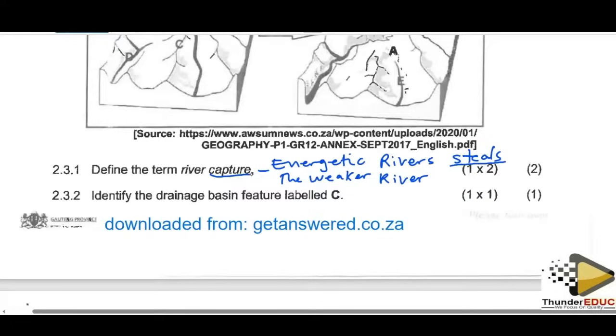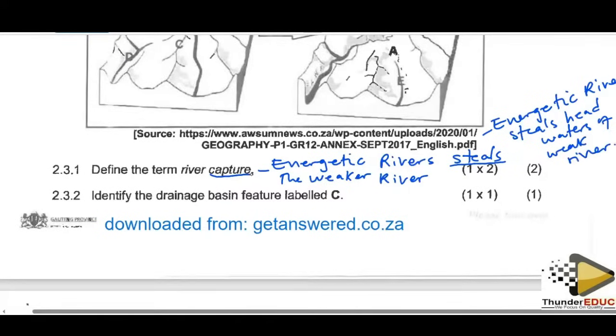Or we as well say when energetic river stills headwaters of a weak river.